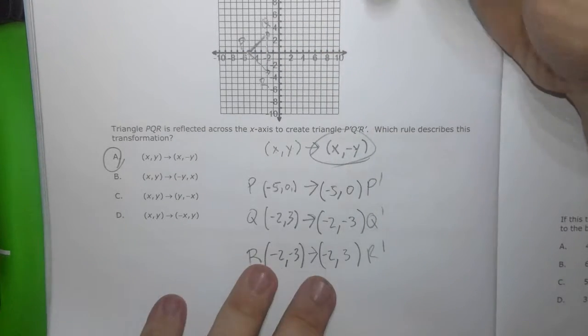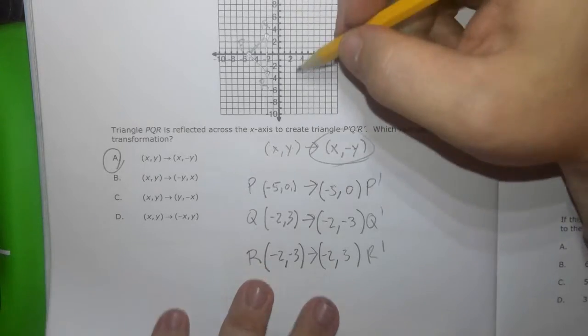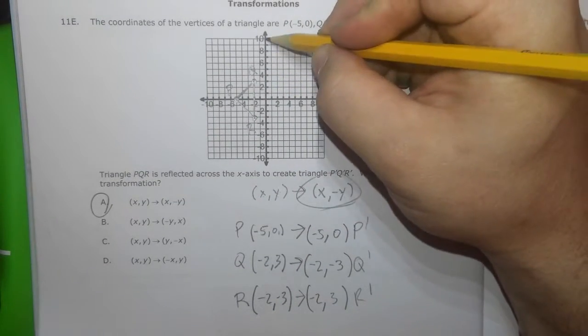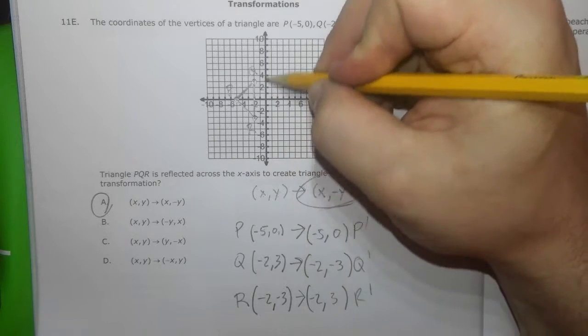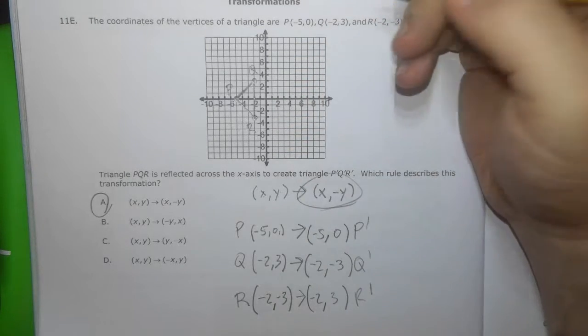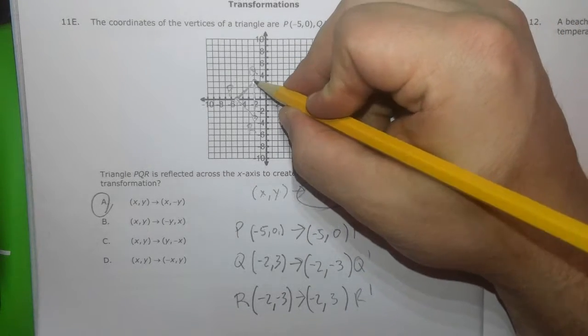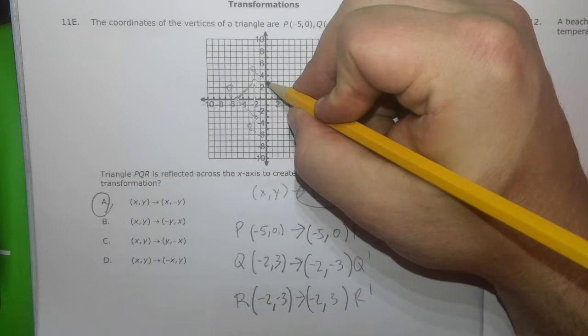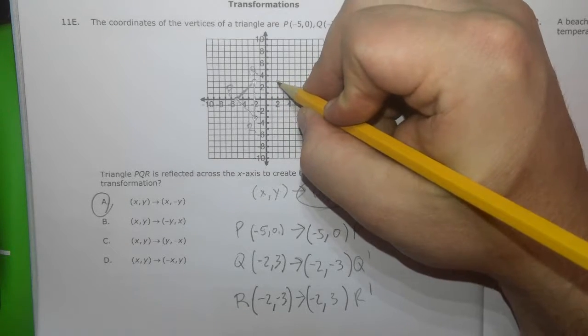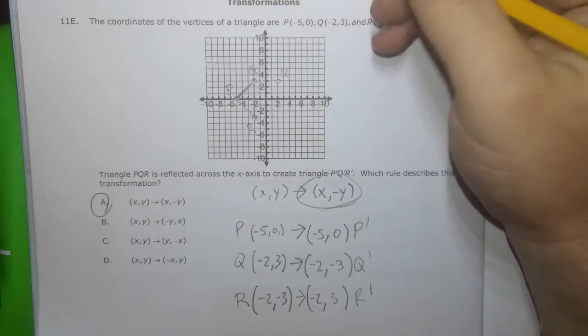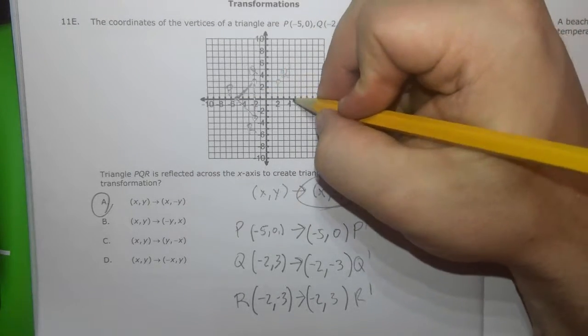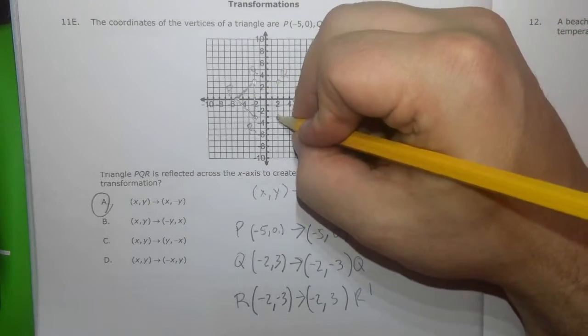Normally, for example, say this was a reflection over the y-axis. Well, the y-axis would be the line of symmetry, so all you have to do is mirror the shape. If Q is 2 spots away from the y-axis, then Q prime would be here. And if P is 5 spots away, you literally just mirror it.